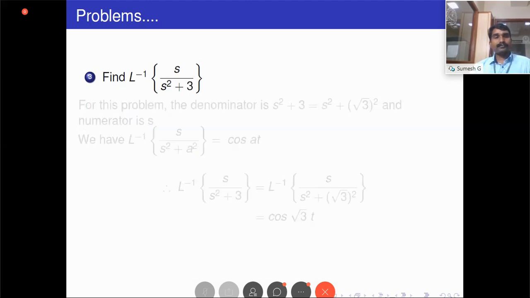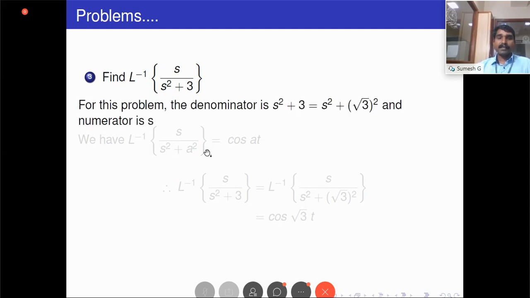Next question. Find the inverse Laplace transform of s by s square plus 3. Again, first consider the denominator. The denominator is s square plus 3, and s square plus 3 can be written as s square plus root 3 the whole square. So it is of the form s square plus a square.